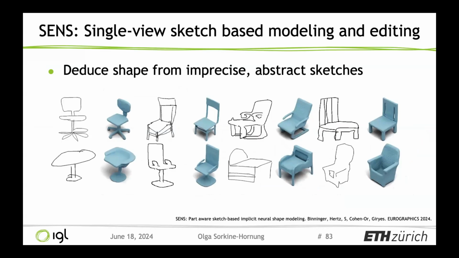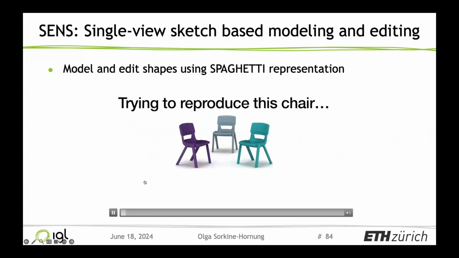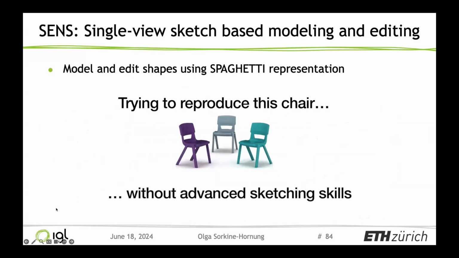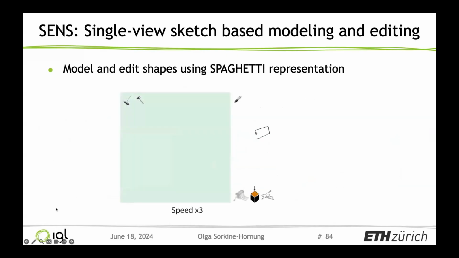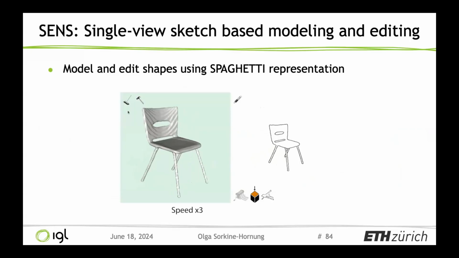And based on the sketch, we learned this, again, Gaussian mixture model that produces a shape from a certain class. So you see some results here. And here's a short video of how it might work. So in my lab, a lot of us have very poor sketching skills, and hence all these attempts to do research on how to improve on them, and despite no good artistic skills, produce something reasonable.